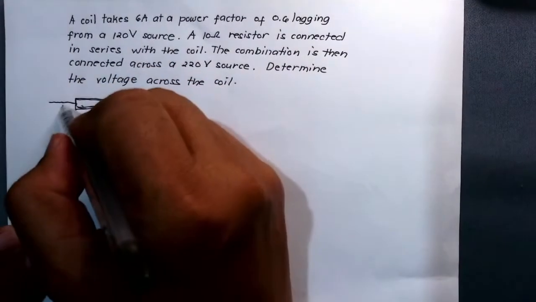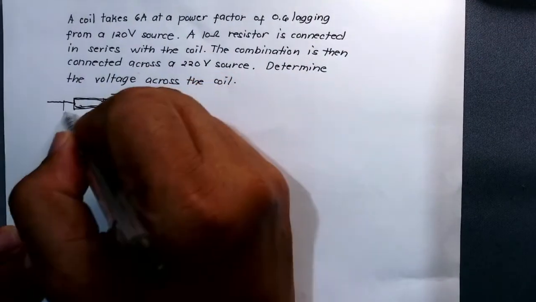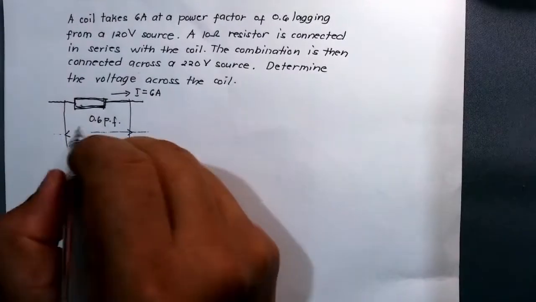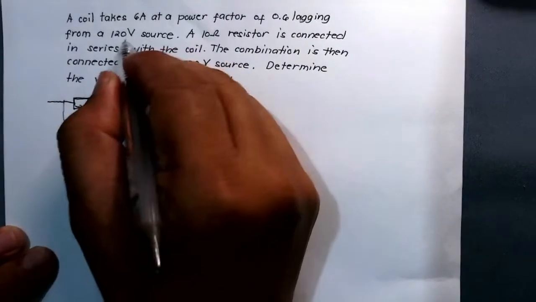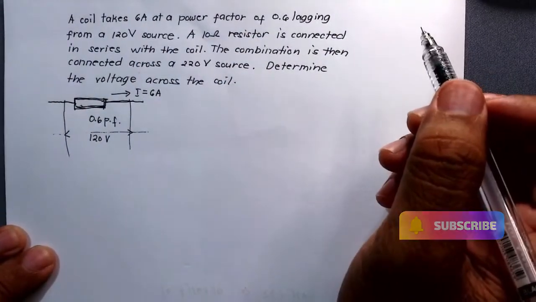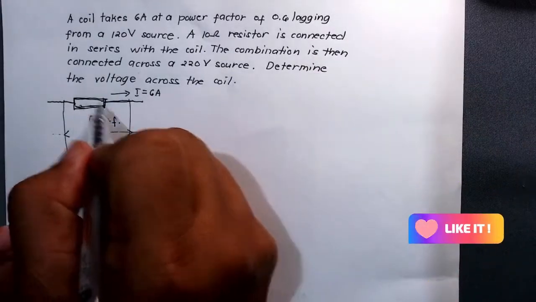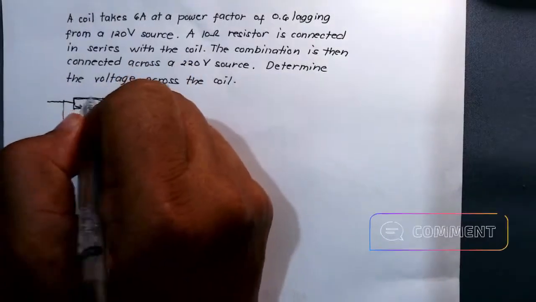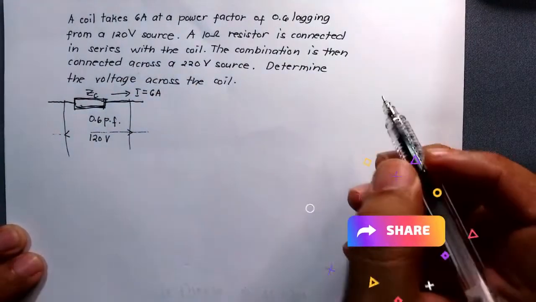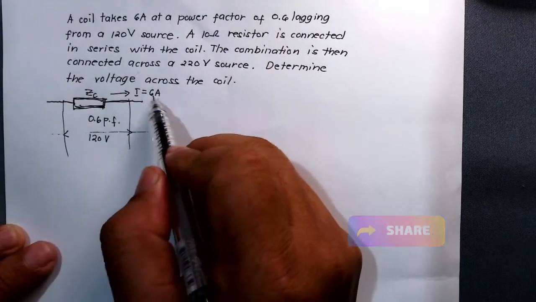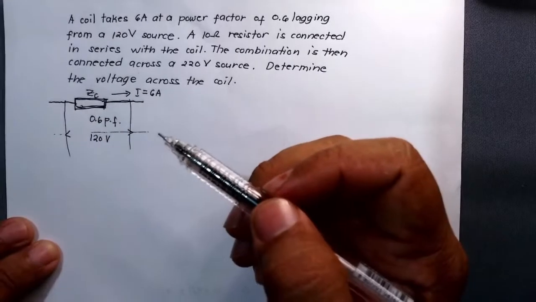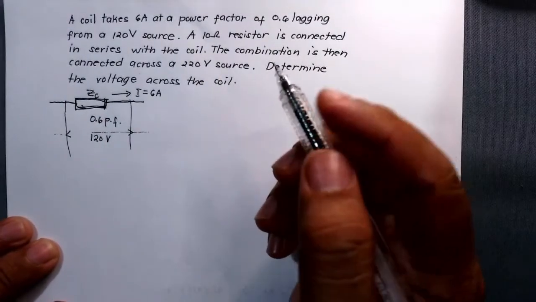When you connect this coil to a 120 volt source, we are to first find the value of this coil, let's say ZC. What is ZC based on the given current, the 120 volts, and the 0.6 power factor?